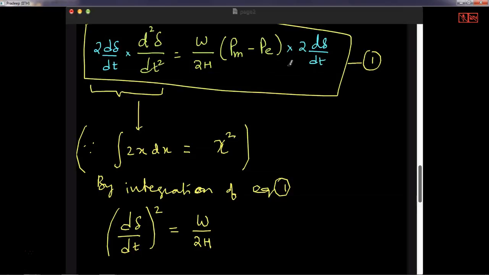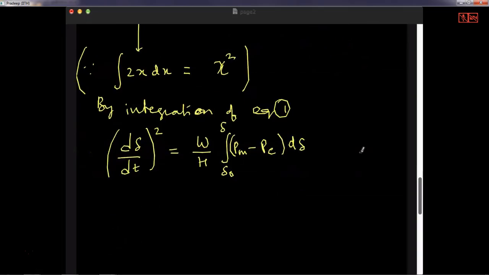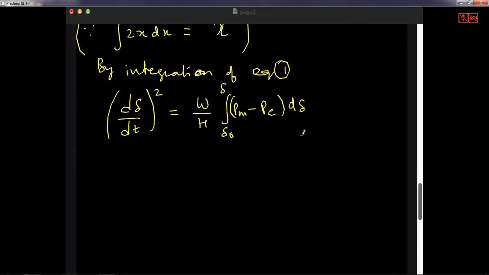In fact, this 2 also can be brought out, so the 2s will cancel each other. So let me just write omega by H times the integration of Pm minus Pe with respect to d delta, where delta varies from some delta naught to some delta. So finally, this is what I am getting on integrating both sides.